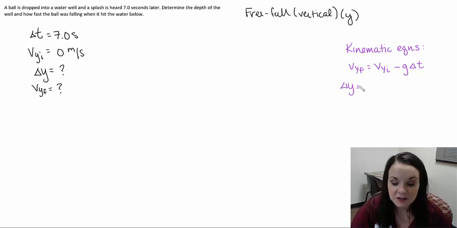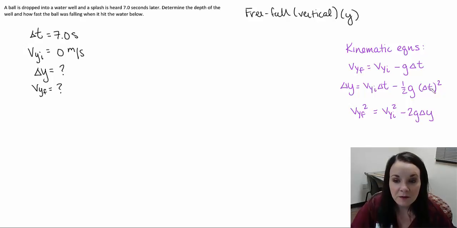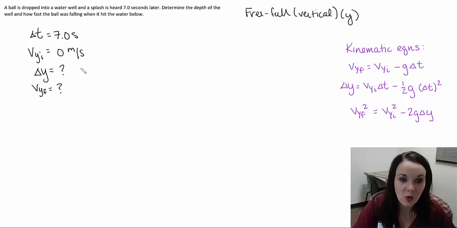The next one is the vertical displacement equals the initial velocity times time minus 1/2 g times the time squared. And then the last kinematic equation is the final velocity squared is equal to the initial velocity squared minus 2g times the displacement. So from these kinematic equations, I need to go about figuring out our delta y and our final velocity. So let's do the delta y first.